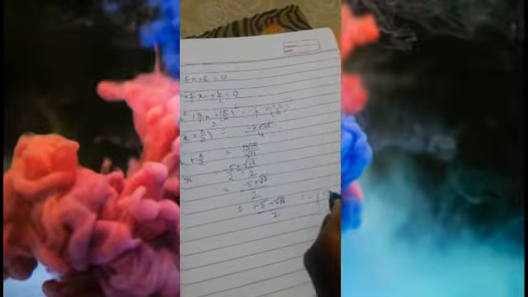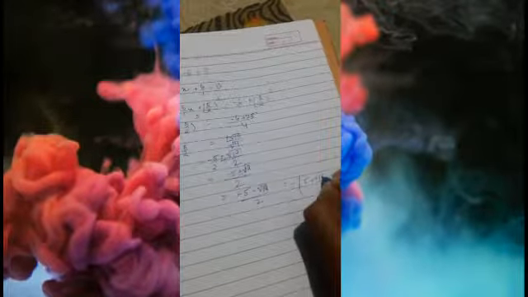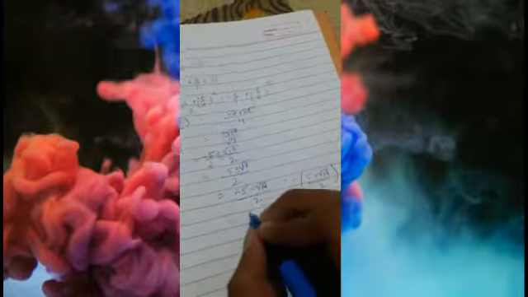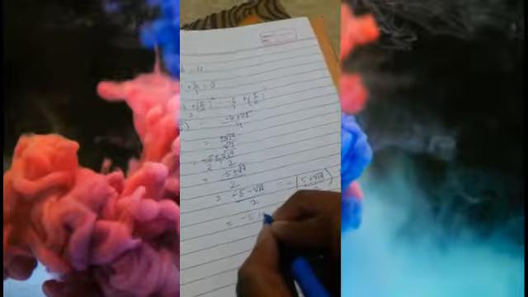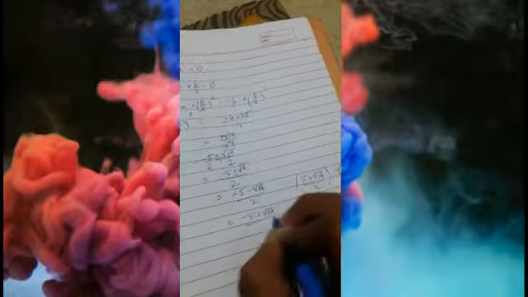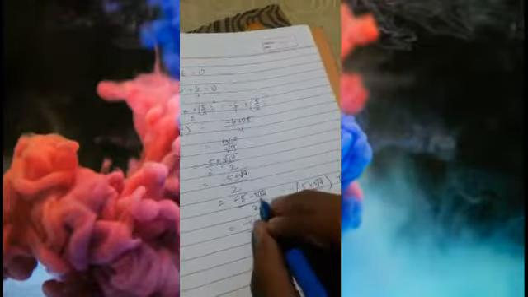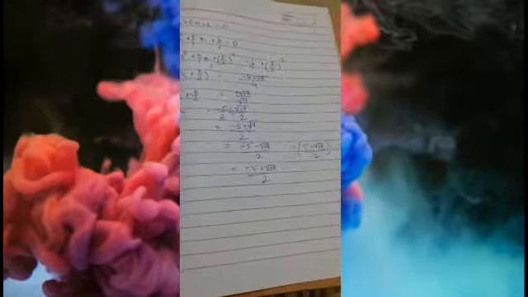One is minus 5 minus root 19 by 2, which is the first root, and the second root will be minus 5 plus root 19 by 2. So two roots will come in this equation.